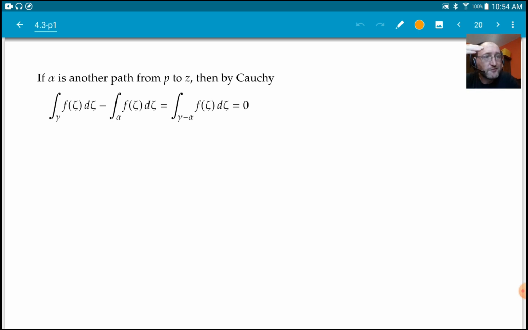So it's kind of a complicated definition, but we have a definition of a function in U, right? Now, if alpha is any other path from P to z, piecewise C1, then we apply Cauchy, because the difference of the integrals is the integral over gamma minus alpha, which is a cycle.